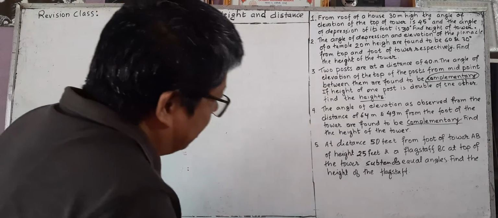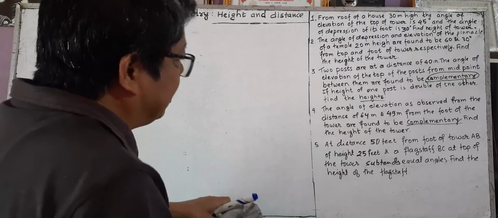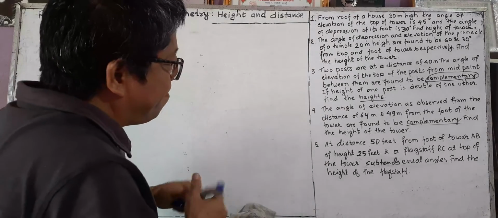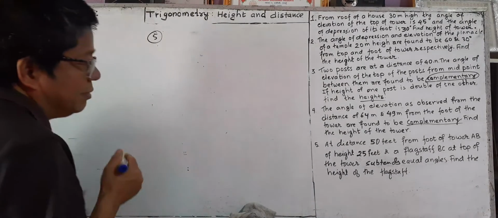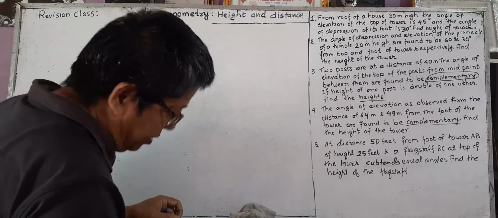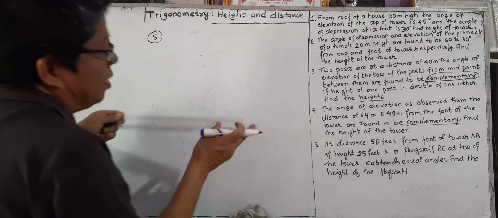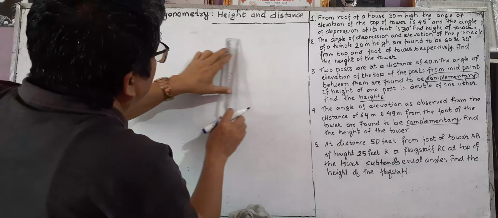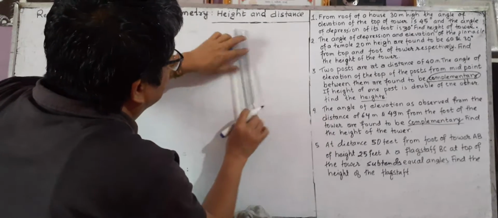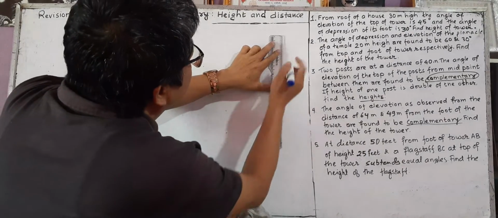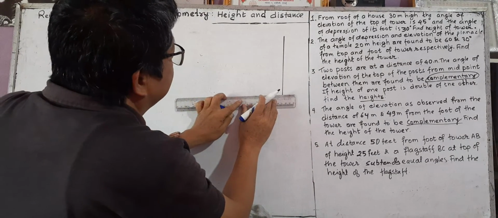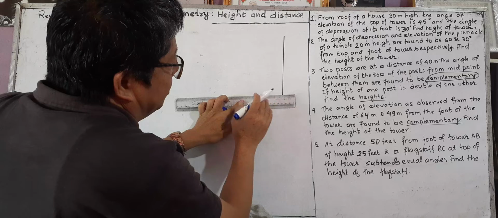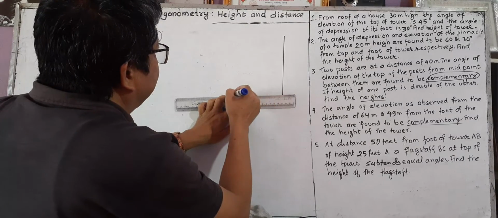So the flagstaff is fixed at the top of the tower. So we draw it first, and the distance 50.